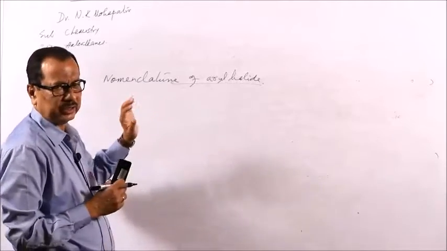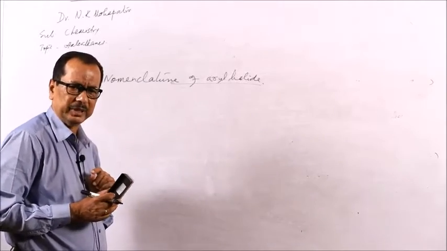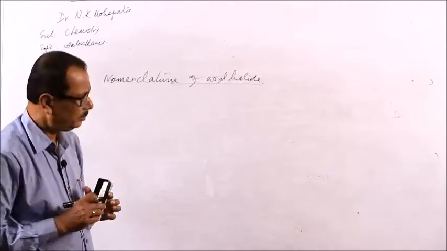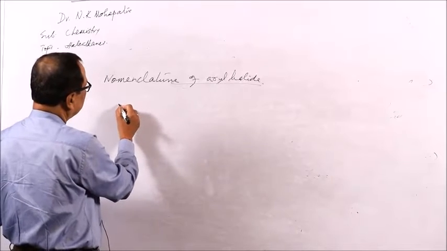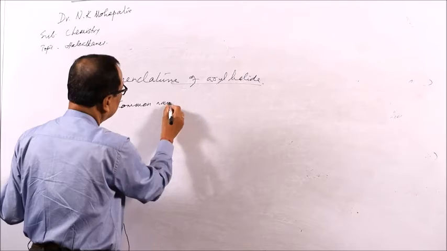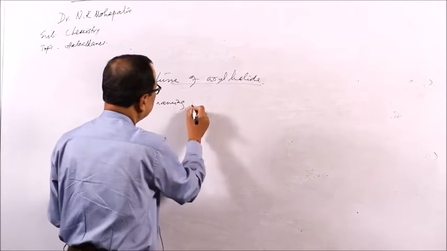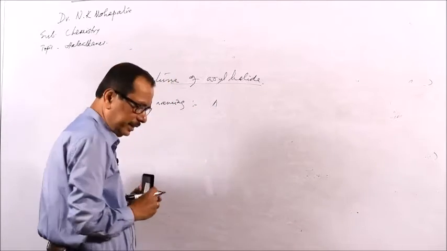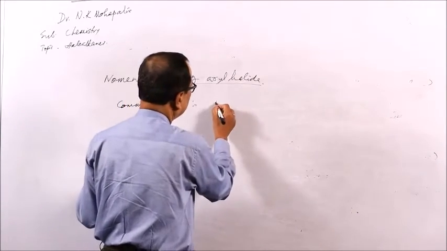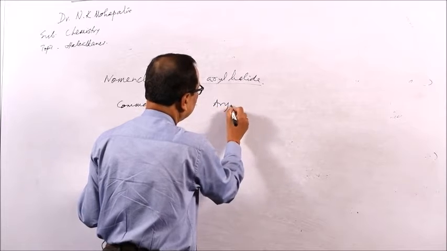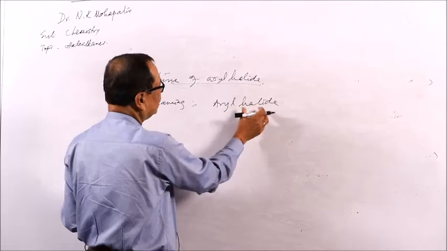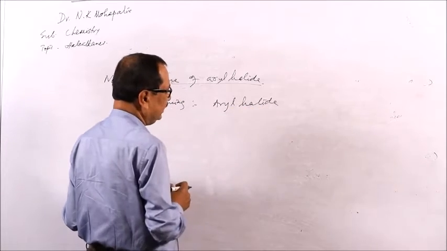There are two popular ways of naming: one is the common way of naming, another is the IUPAC way of naming. In common naming, it is simply the name of the aryl group, then the name of the halogen ending with -ide: aryl halide.